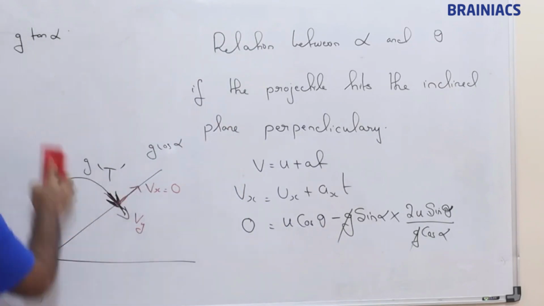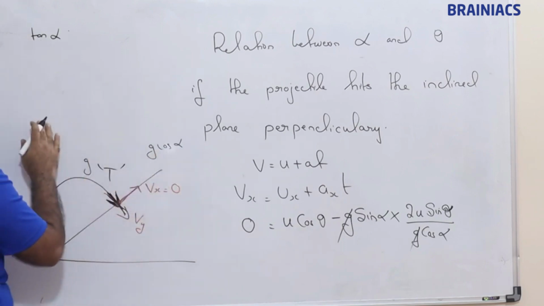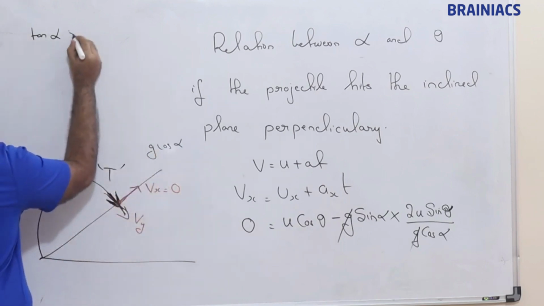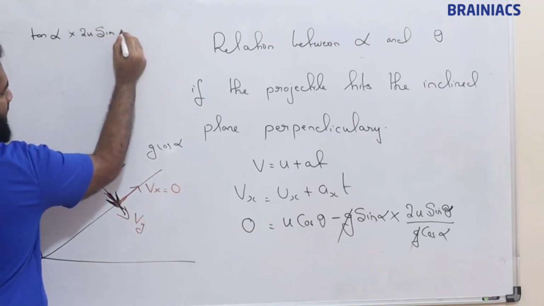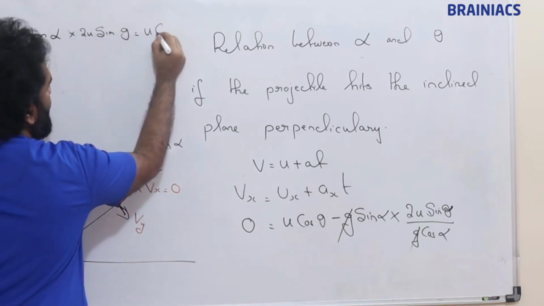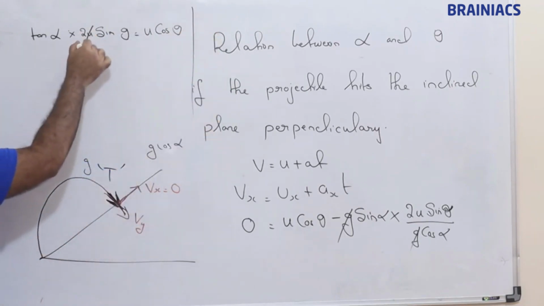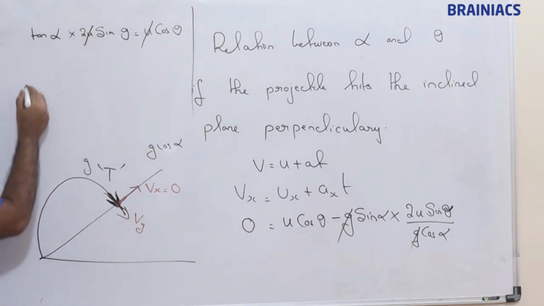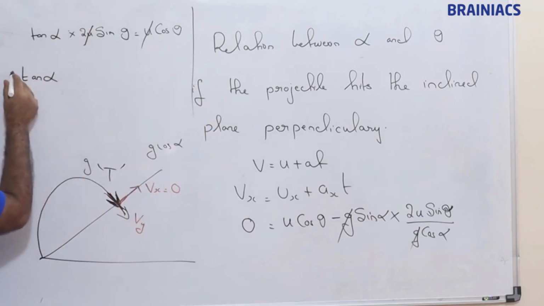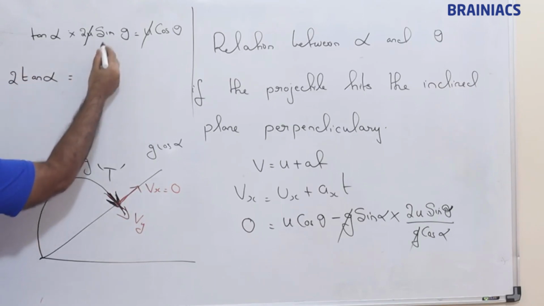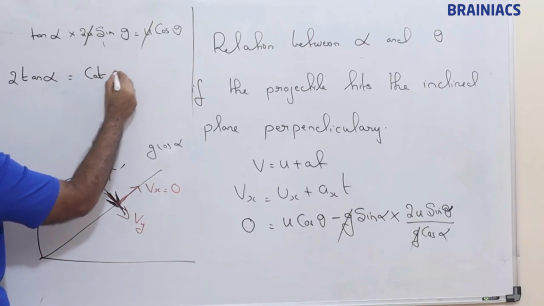So tan alpha into 2u sin theta is equal to u cos theta. We will be getting like this. Here this u can be cancelled off. Finally we will get 2 tan alpha is equal to, this will go to this side and become cot theta.